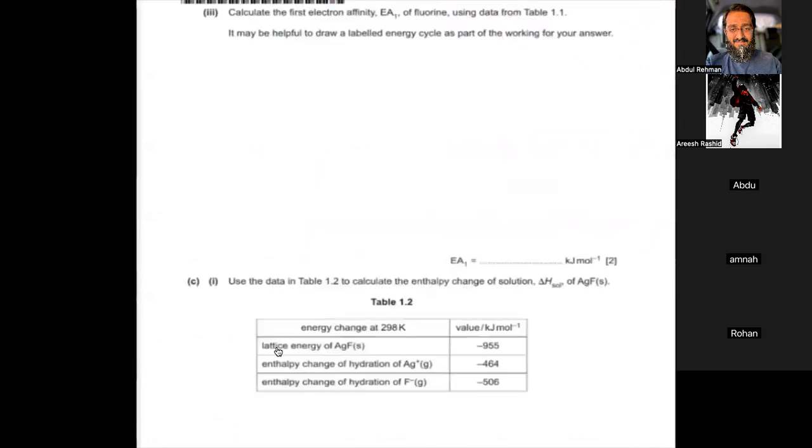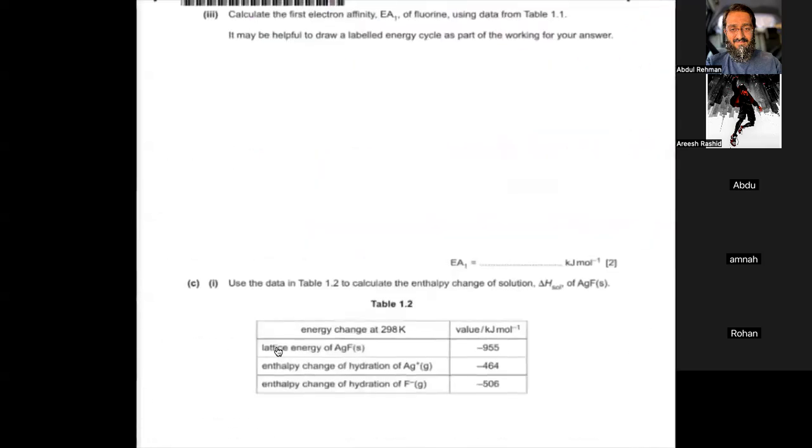So now, next part. Calculate the first electron affinity of fluorine using the data from table 1.1. It may be helpful to draw a labeled energy cycle as part of your answer.